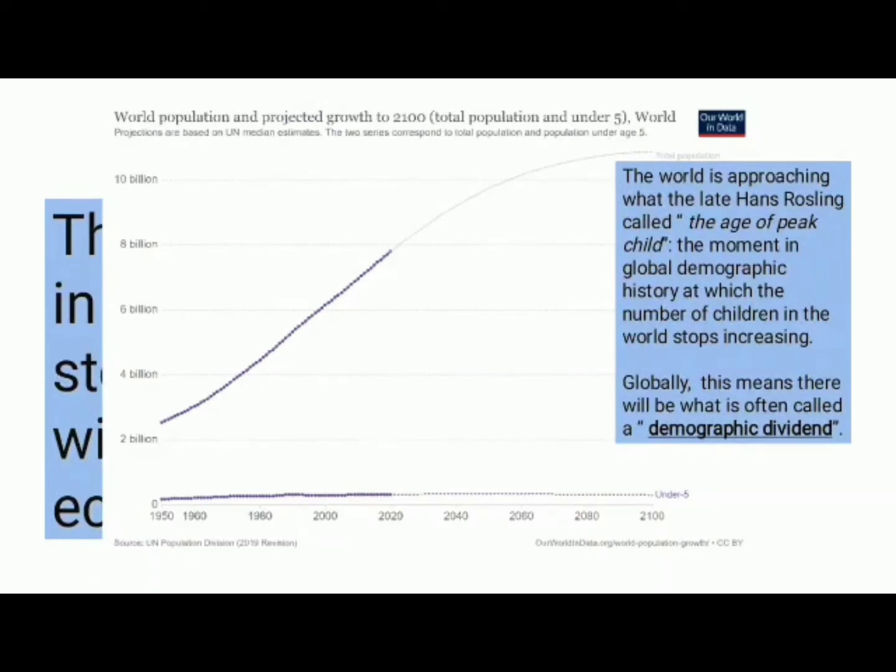The world has probably not reached peak child yet, but as the chart shows, we are likely very close to a long flat peak. The number of children in the world will not increase much more. Globally, this means there will be what is often called a demographic dividend.